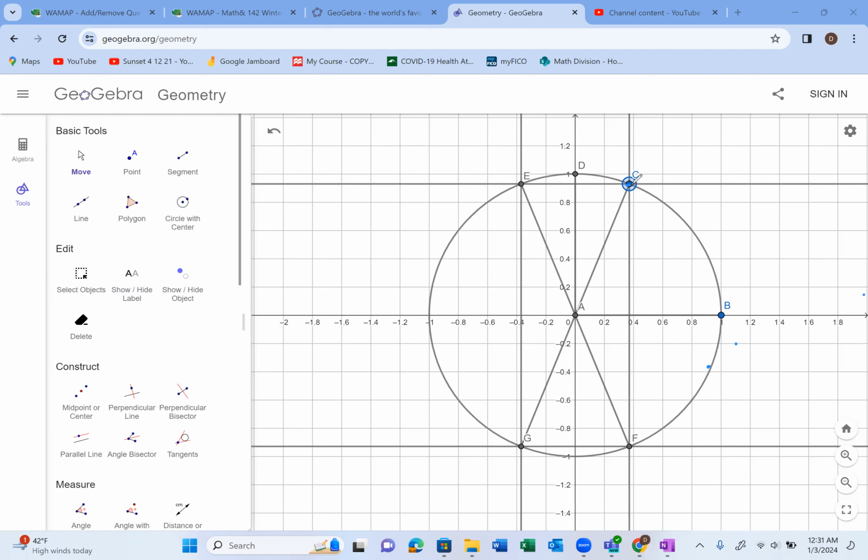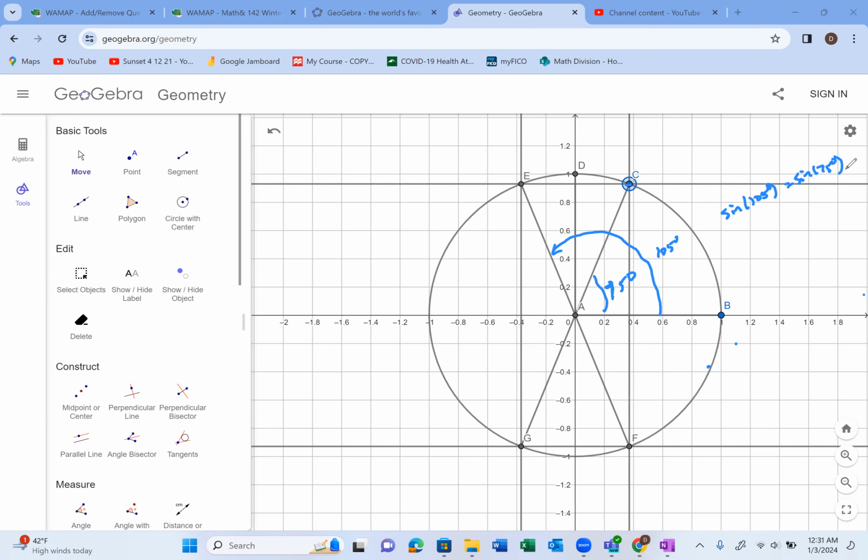Well, another angle with that same sine would be 105, right? If I go from the origin all the way up to this one, 105 degrees, I know that the sine of 105 degrees is going to be the same as the sine of 75 degrees.